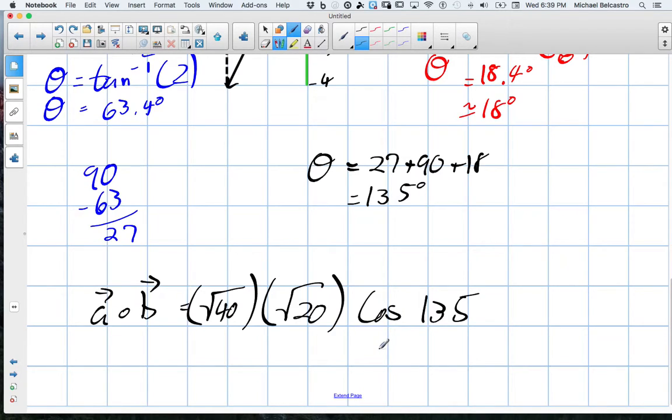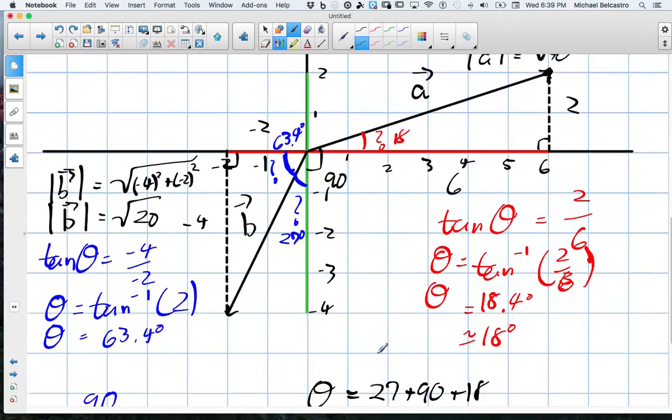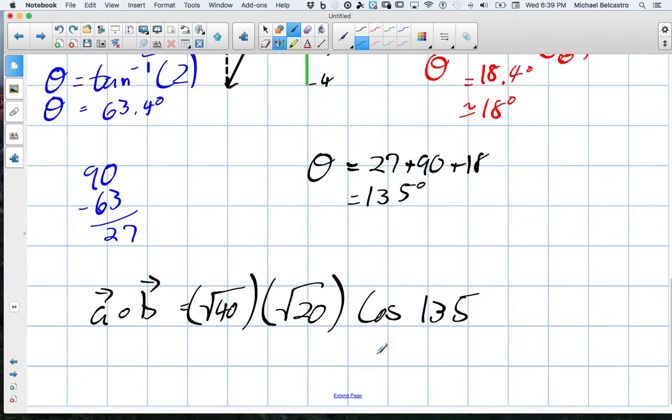It'll be a negative value, 45 degrees. I should know this off the top of my head with trig. What does that value end up being? The whole answer is negative 20.